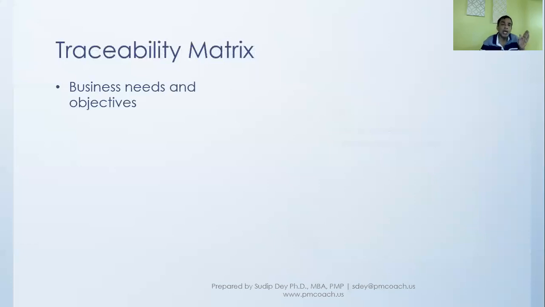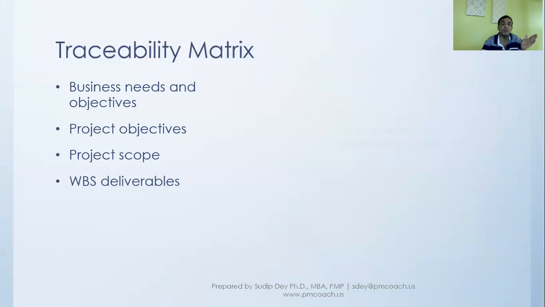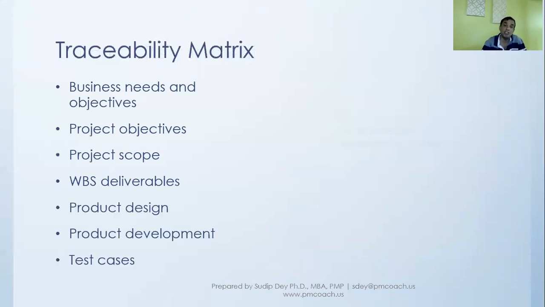The different stages are, like we're saying, business needs and objectives, project objectives, scope. These are all things that will come in, and then which WBS deliverable will be providing that. What is the product design, product development, test cases, all the different intermediate components that will develop during this particular project.